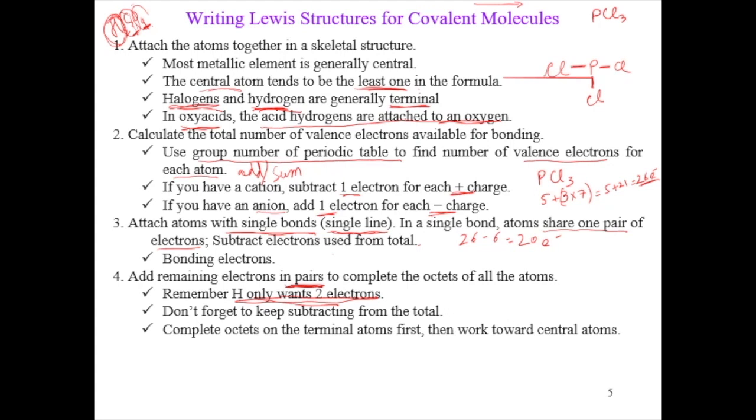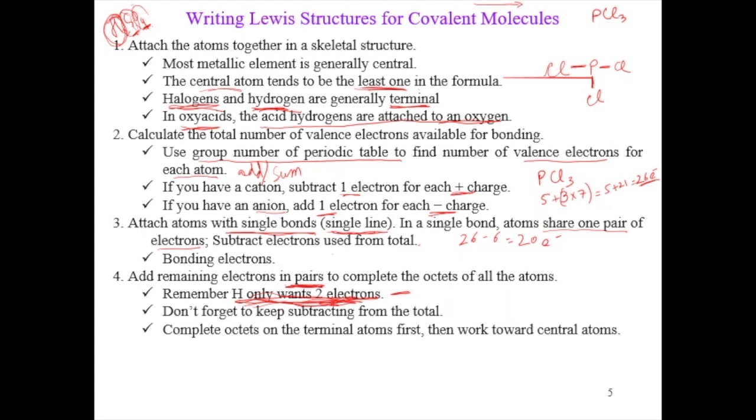You don't put them separately. Second rule is if you have any hydrogen atom in your structure, it will only consist of 2 electrons. And that means if a hydrogen has already made one single bond, you do not add any more electrons to that atom. Next, don't forget to keep subtracting from the total.